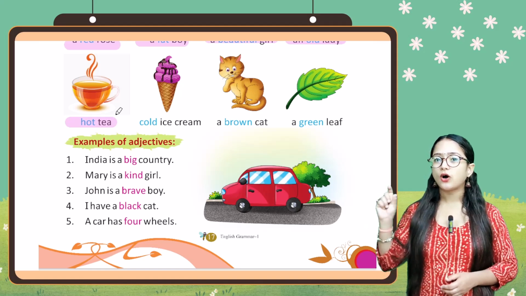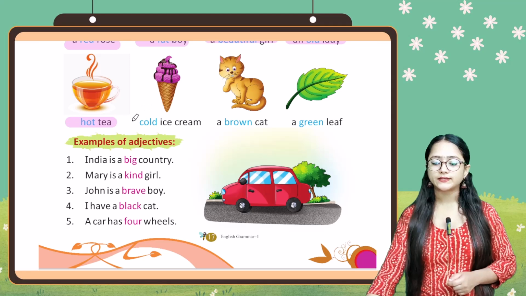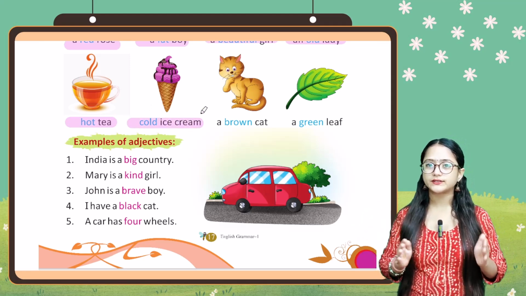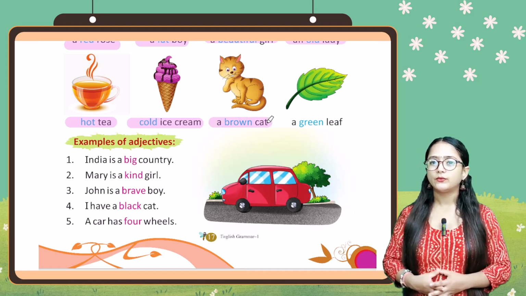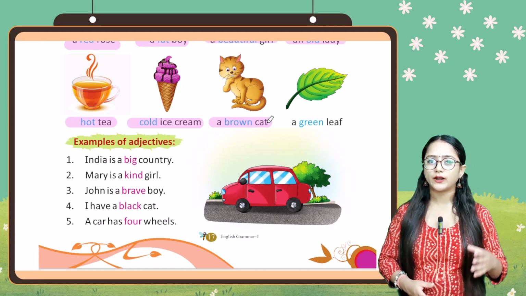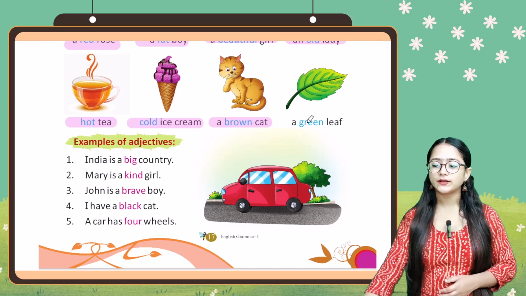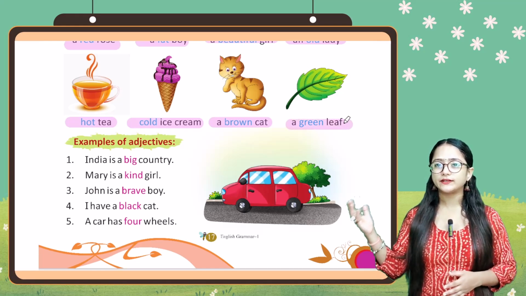So tea is hot. Hot is the describing one, tea is the naming one. Next is cold ice cream. Ice cream is cold. Cold is describing, ice cream is the naming one. Next is a brown cat. What is the color of the cat? That is brown. Brown is the describing or adjective word and cat is the naming word. Next one is a green leaf. Green is a describing word and leaf is the naming word.